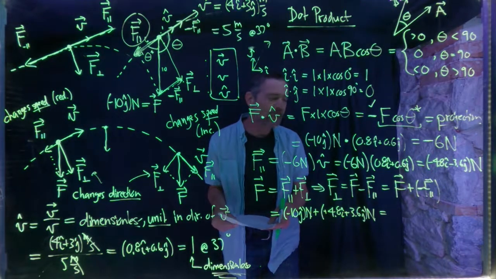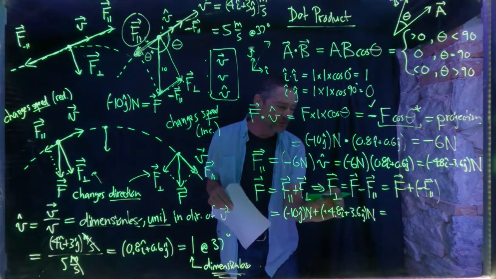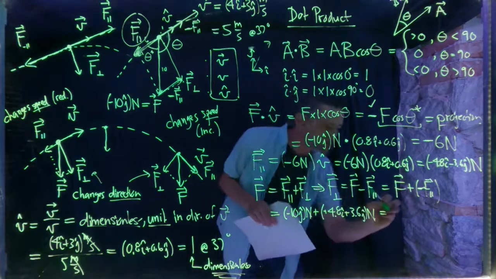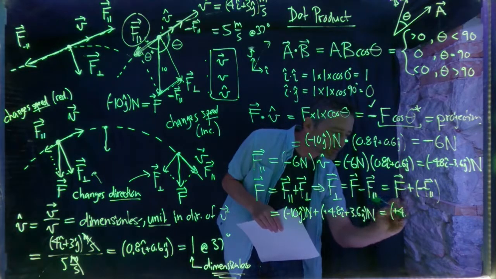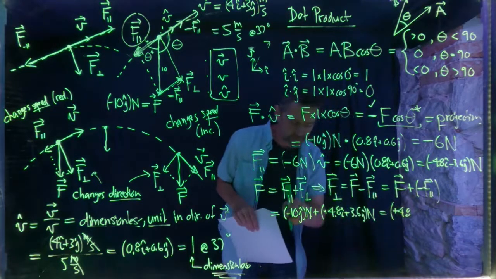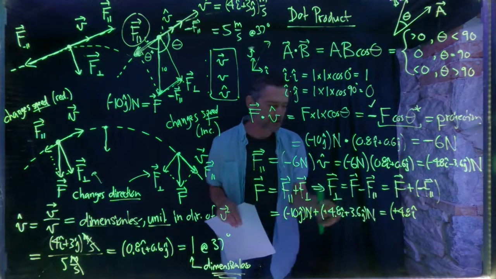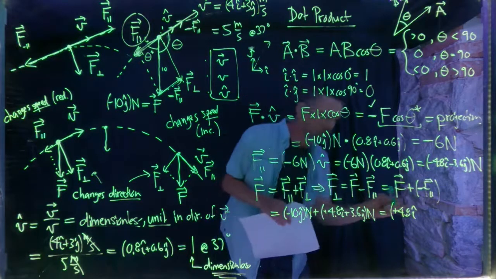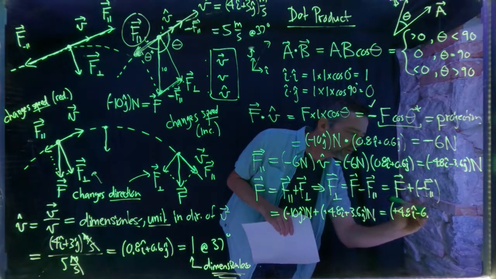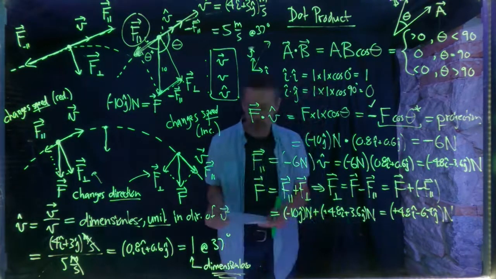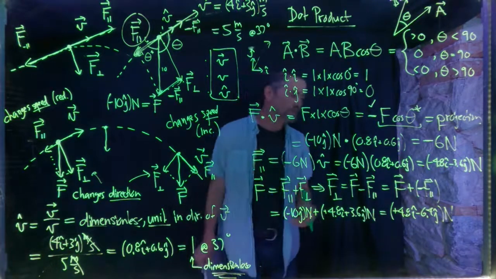Oh, sorry, there's only one i hat component here, so this is positive 4.8. The i hat from this is nothing, plus the i hat from this is 4.8 in the i hat direction. And in the j hat direction, we have negative 10 plus 3.6, which is negative 6.4. And that's newtons. Okay, and then you look and you say, well, does that make sense? Did I get this right?